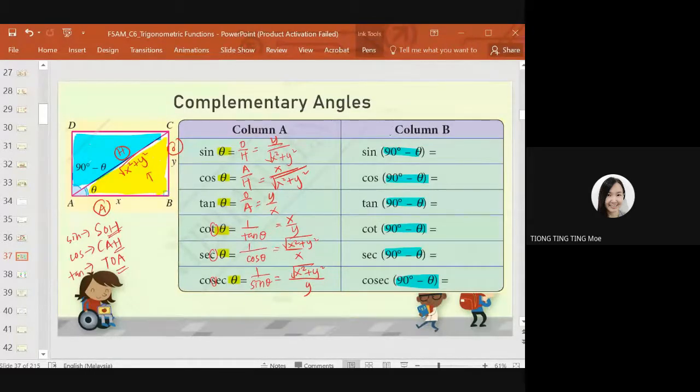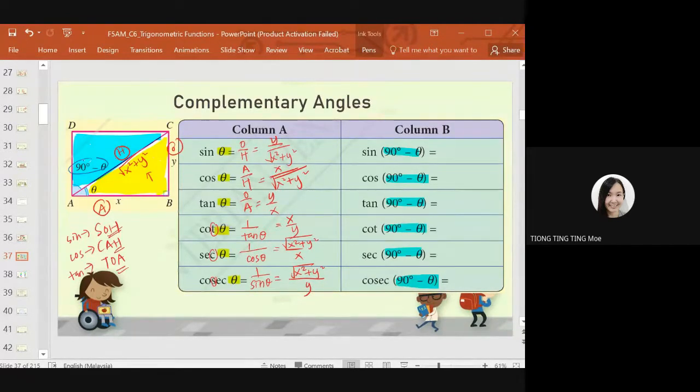Can? So now we go to the complement. Is sin theta the same as sin of 90 degrees minus theta? Not necessarily. We look here: this is the angle we have now. Now we don't look at the yellow triangle, we look at the blue triangle.